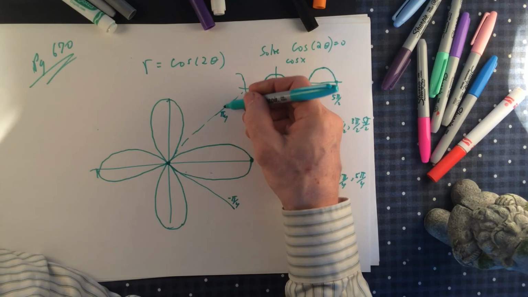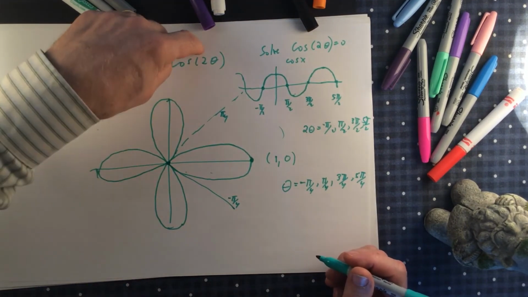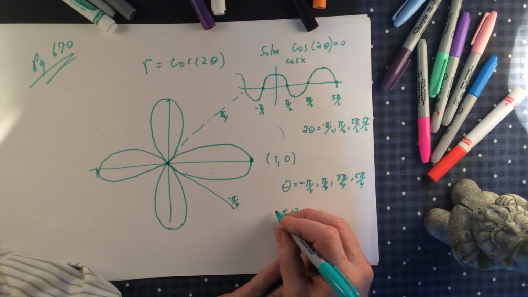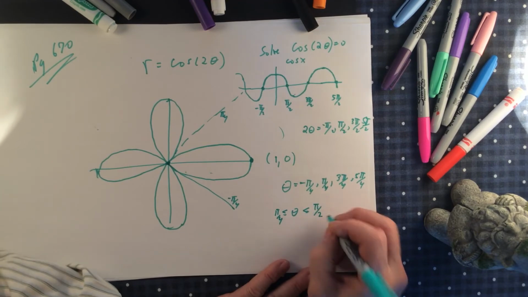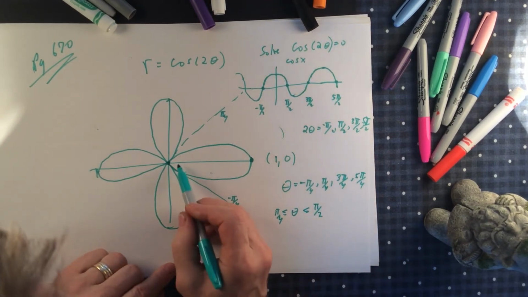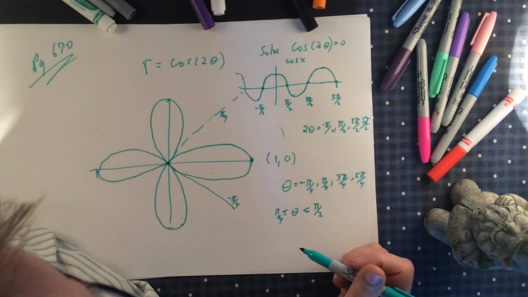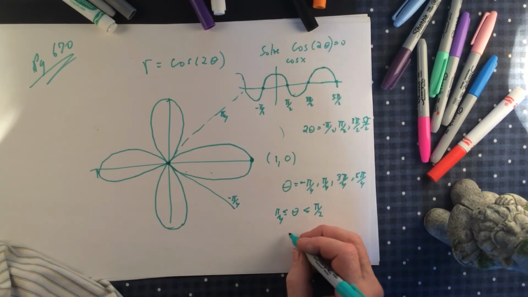Well, as we're going from pi fourths to pi halves, notice if theta is from pi fourths to pi halves, that's a quarter of a pi, that's a pi fourths, which is half of a leaf. Which one does it create? Well, double the angle.